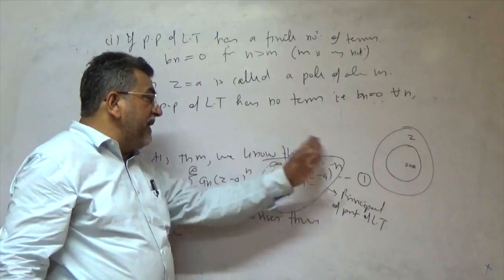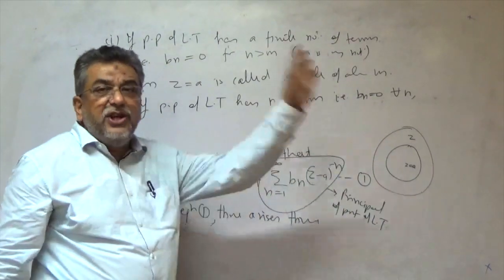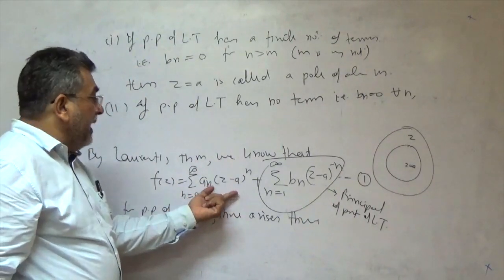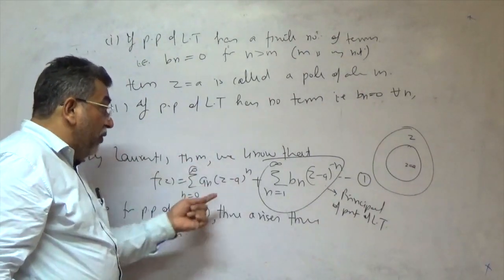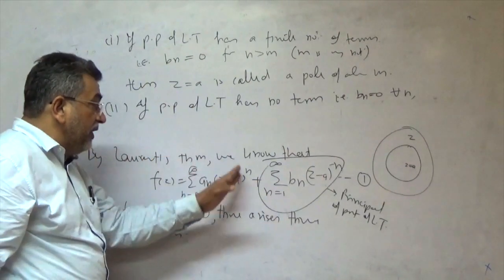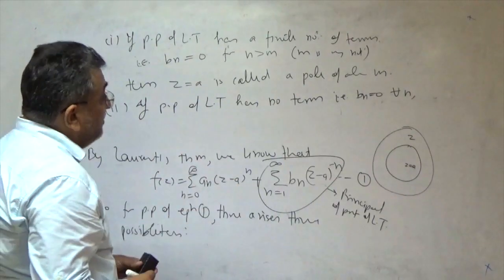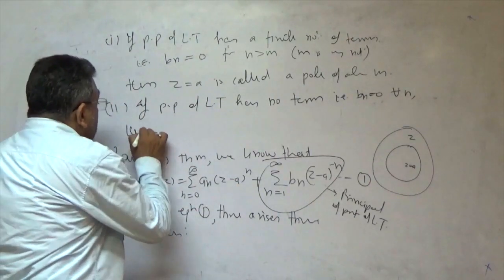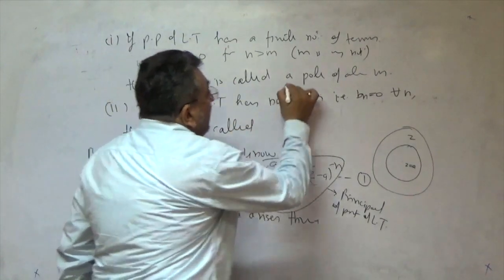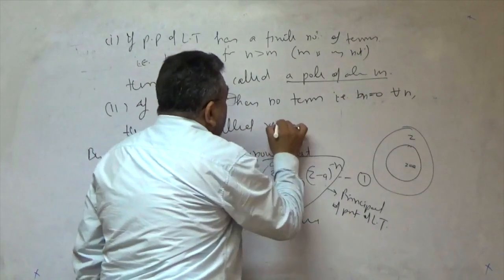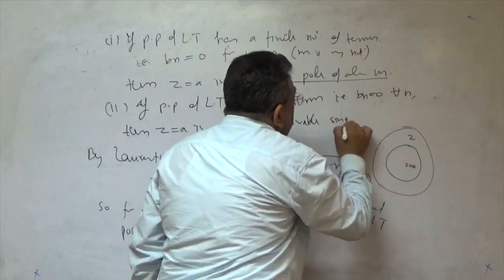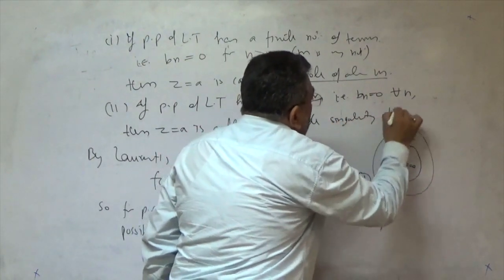This portion completely vanishes, no term, and only this term remains. Here z equal to a was a singular point, but in this case z equal to a is not a singular point, so the function becomes analytic, and in this case z equal to a is called a removable singularity of f(z).